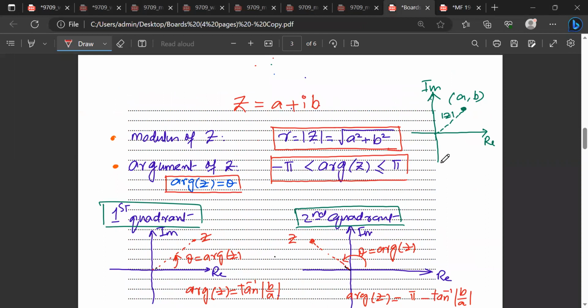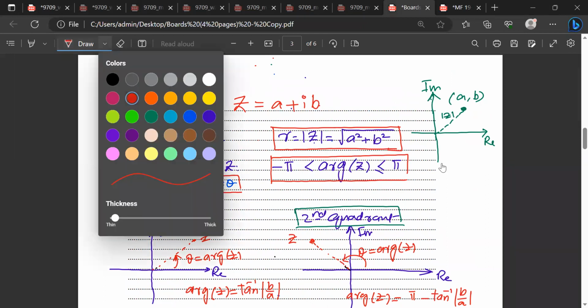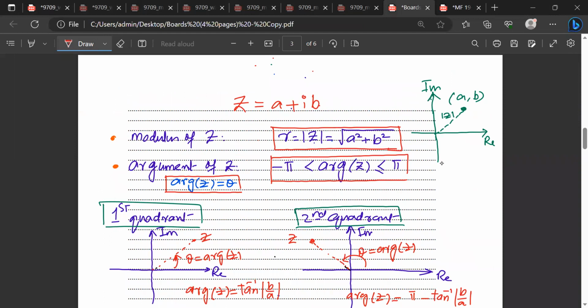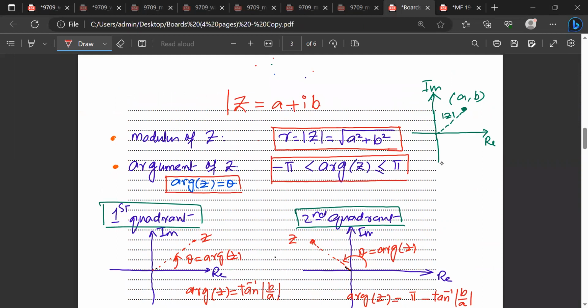If a plus iota b is the complex number denoted by z, then the modulus of z is the square root of a square plus b square, and the argument of z is the angle, greater than minus pi and less than or equal to pi.